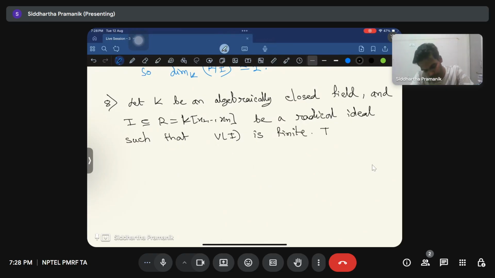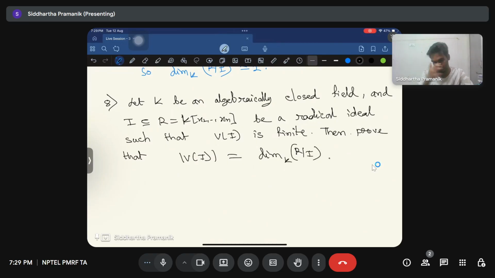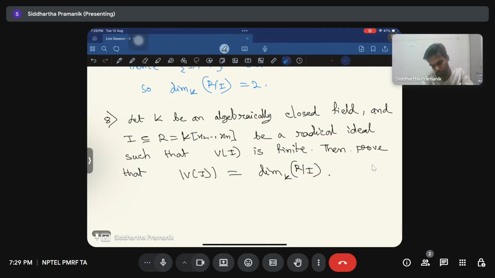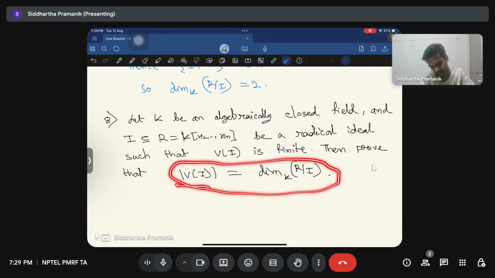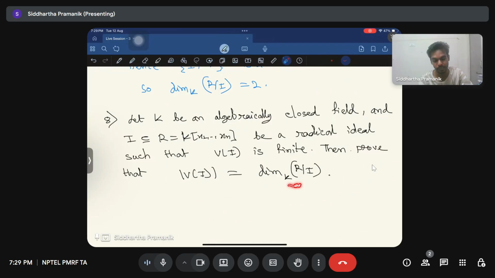Then prove that the cardinality of this variety is the same as the dimension of R mod I over K. So basically, to get equality of the cardinality of the variety and the dimension of the quotient ring as a vector space, it is sufficient to have this ideal be a radical ideal.